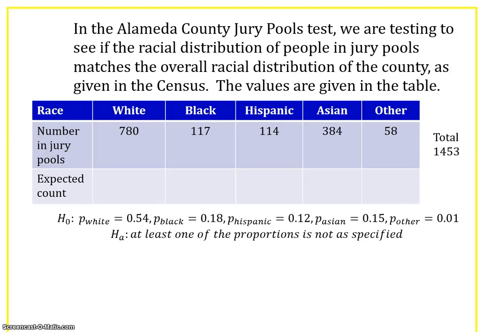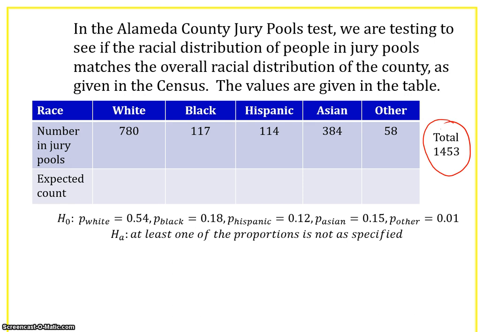So next we need to calculate the expected counts. Remember that the way we calculate the expected counts is we take the proportion that's hypothesized for each category and multiply by the sample size. So I calculated the total sample size over here, 1,453.